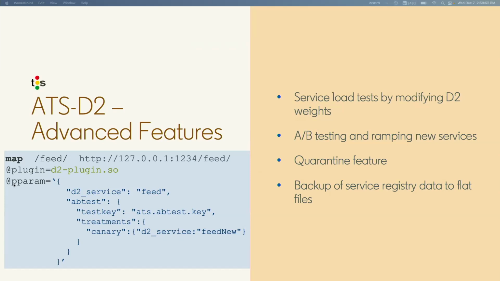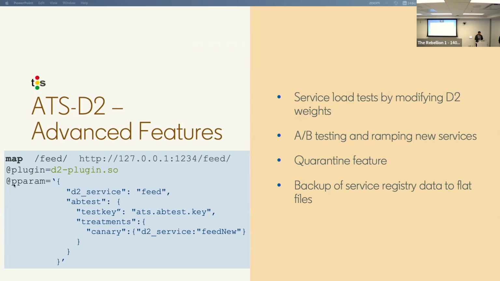Okay. So we also have a quarantine feature. Like we discussed earlier, sometimes the Zookeeper active health check is not working properly and we can have zombie hosts which are unresponsive, but they are still there within the service registry, although it's very rare, but it can happen.